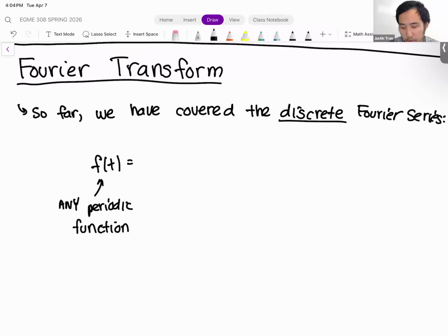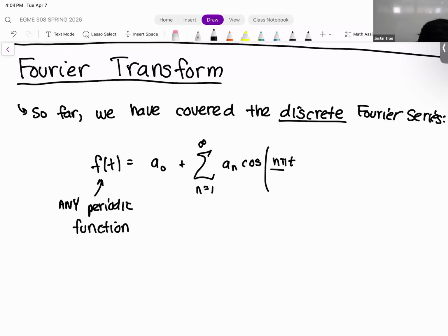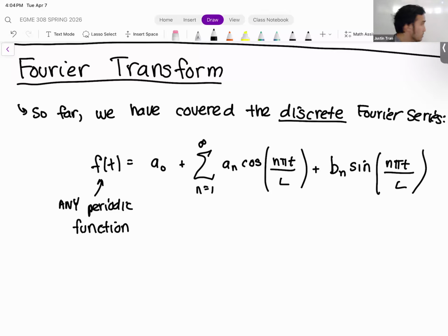We can represent that periodic function using an infinite summation of sines and cosines. So we said f of t is equal to a0 plus the summation from n equals 1 to infinity of an cosine of n pi t divided by L plus bn sine of n pi t divided by L, where L, of course, is the period of our periodic function.